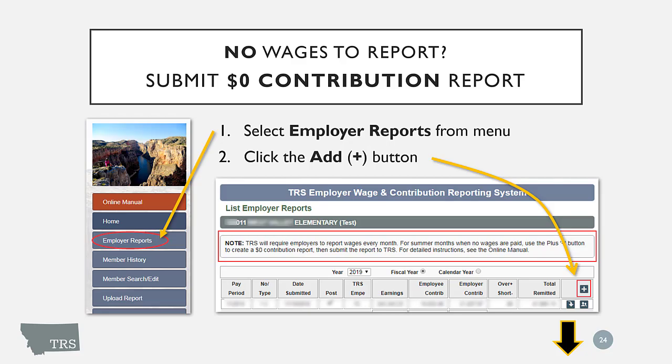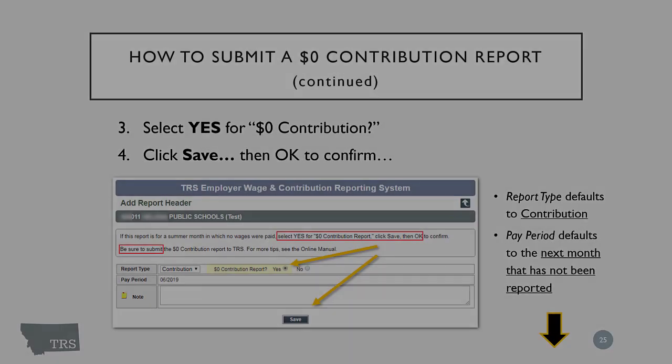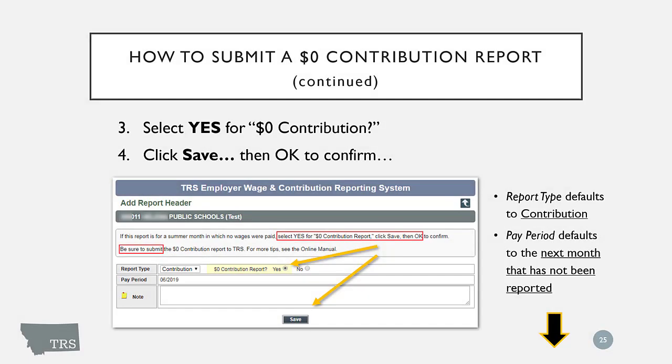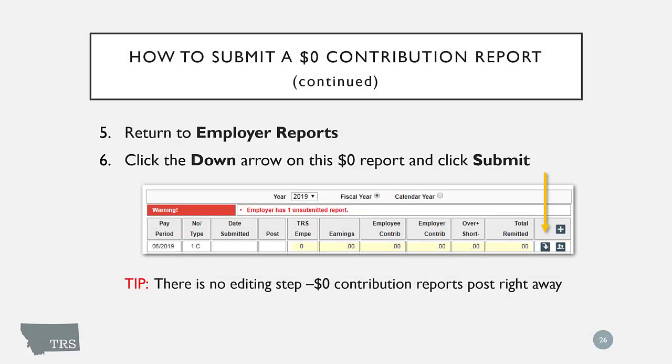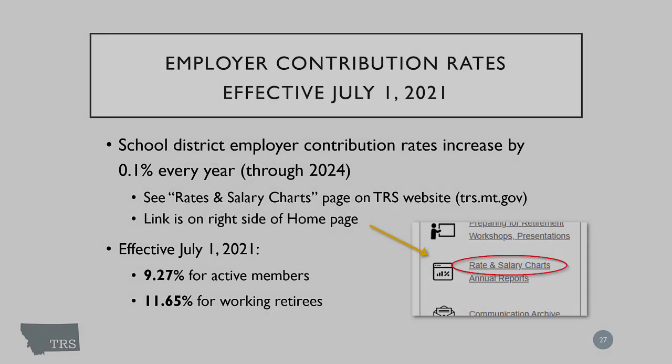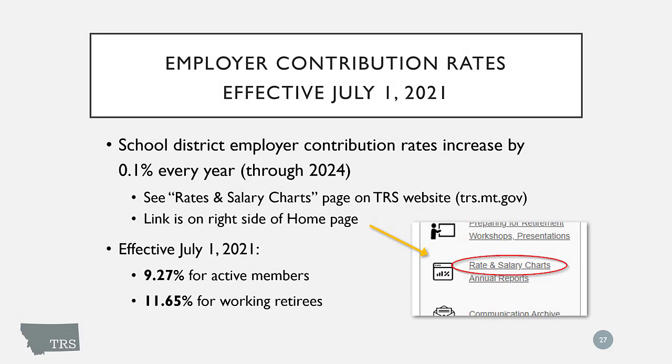If you've ever had to do one, you just go in and hit the plus sign to add a new report, and then you make sure you have the correct pay period in there, and you can select 0 contribution report, yes, and you'll just go into the down arrow like you're going to run your report, only you can just hit submit once you're in there, and it'll post that automatically.